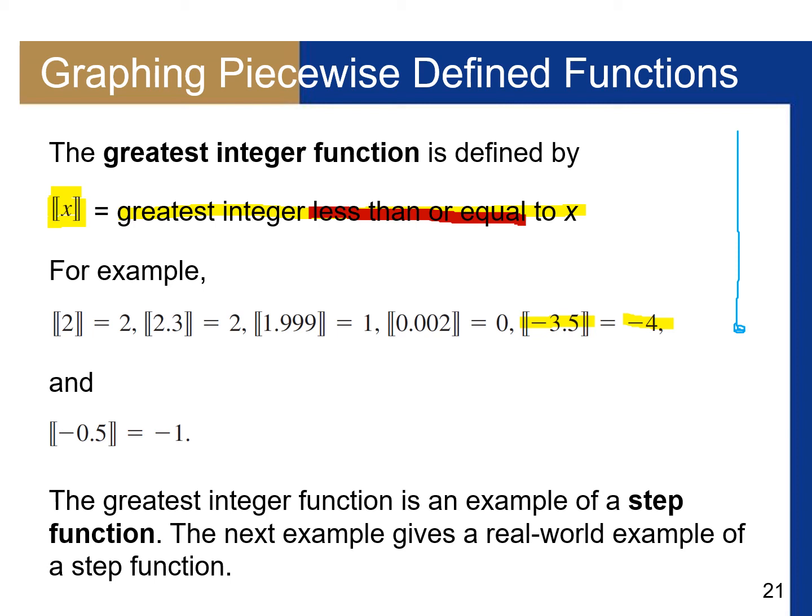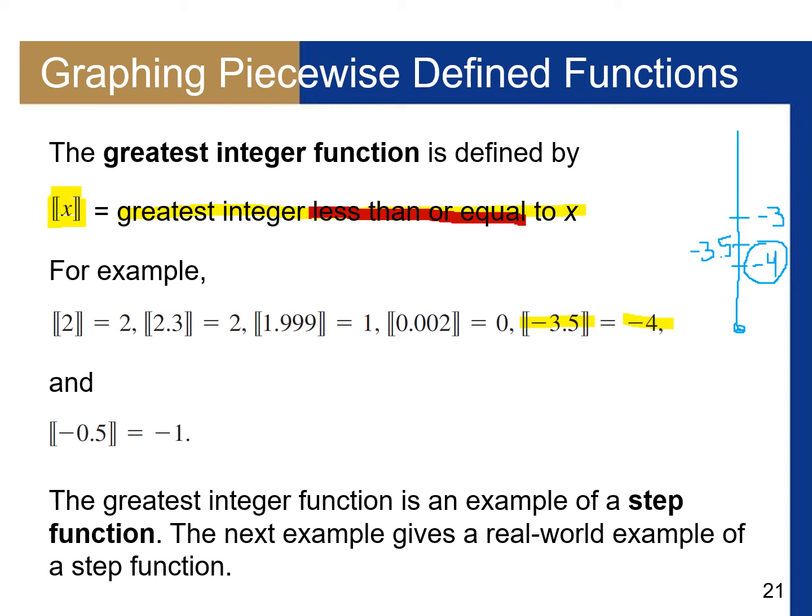So if I have a negative 3.5 here, I want to find the biggest integer that's smaller than this number. That means I have to go down. So I have to go down to negative 4. I wouldn't want to go to negative 5 because negative 5 is not the biggest integer smaller than this number. And I wouldn't want to go to negative 3 because negative 3 is bigger than negative 3.5. So it has to be my negative 4.